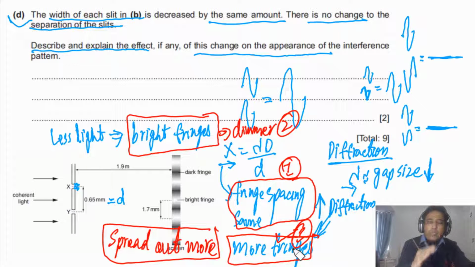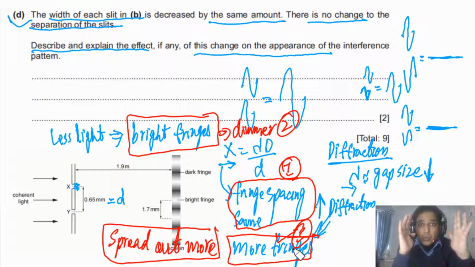So you need to write down these 3 points. This is a beautiful question. If you understand this question well, you can answer a lot of questions about waves, especially about Young's double slit experiment. I hope this question makes sense to you and you have a better understanding of these exam questions.